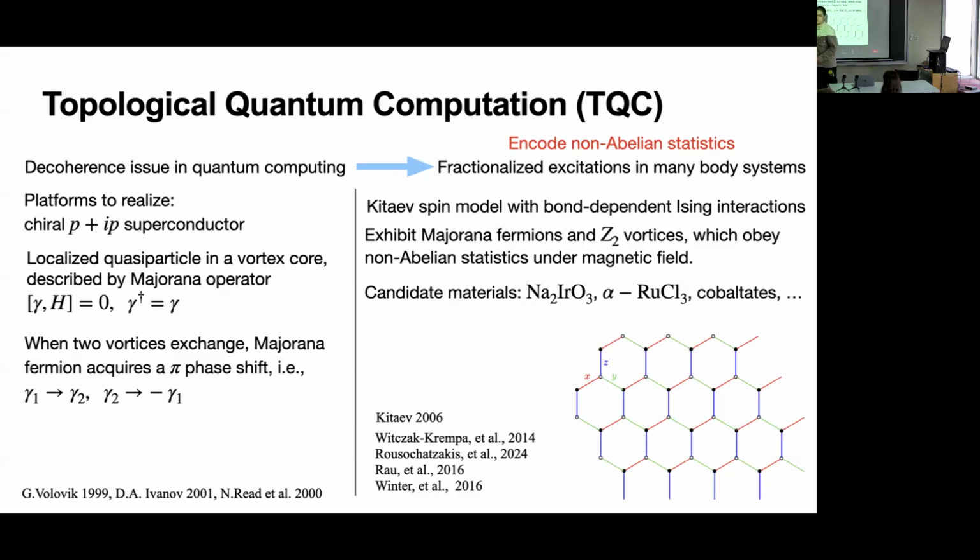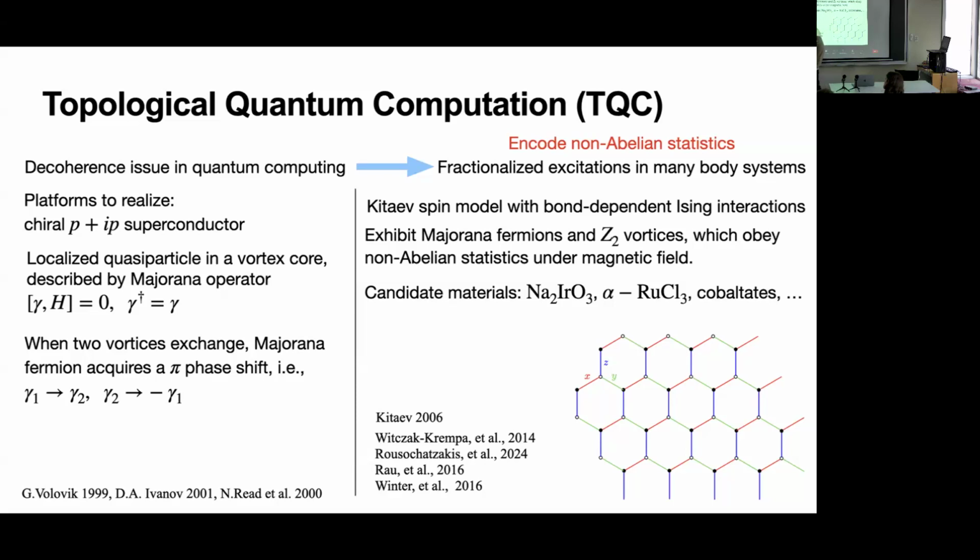This is a theoretical model where the superconductor order parameter has this px plus ipy dependence. In this model, people have found that if you consider a vortex of the superconducting order parameter, you will discover a localized quasiparticle, and this localized quasiparticle is described by a Majorana fermion.